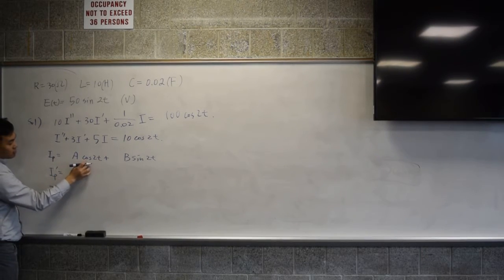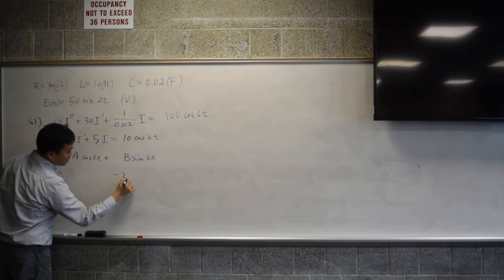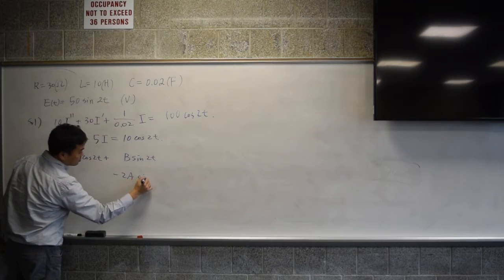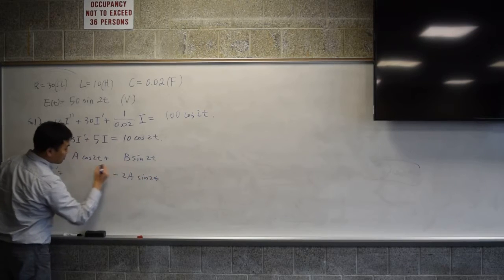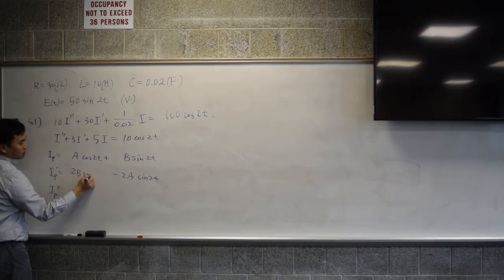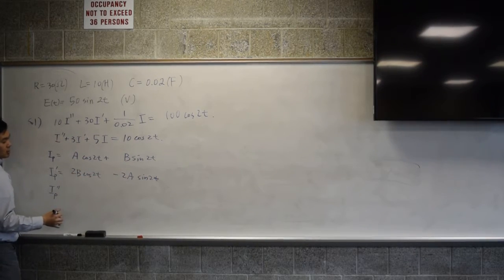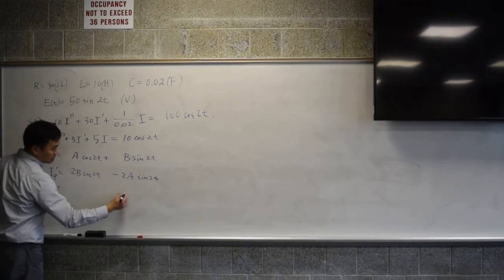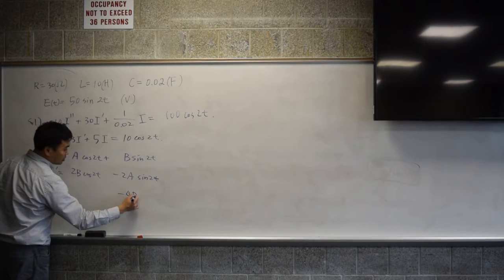So if I differentiate this, it will be negative 2a sine 2t, and this will be 2b cosine 2t. And then when you differentiate this again, you get negative 4b sine 2t, and negative 4a cosine 2t.